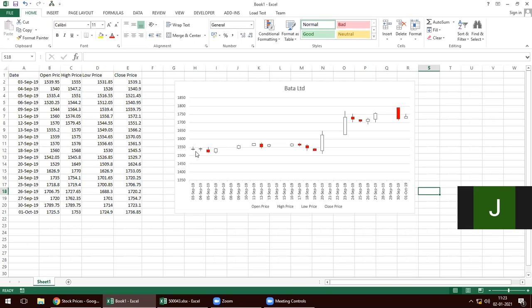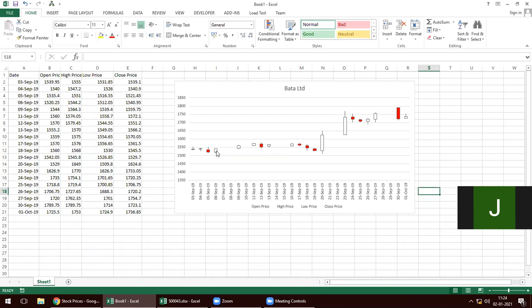Then you can see on 6th September, the opening price is 1,520. The closing price is 1,540. But the candle is somewhat big because the high price is 1,544. A big candle. That is, it increased heavily. That is why the box is high.